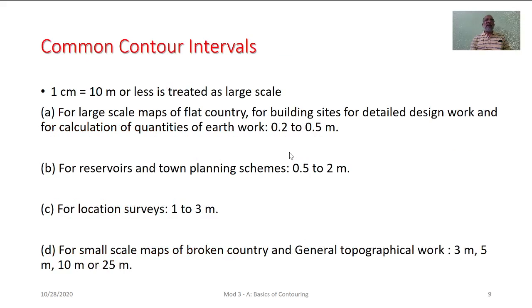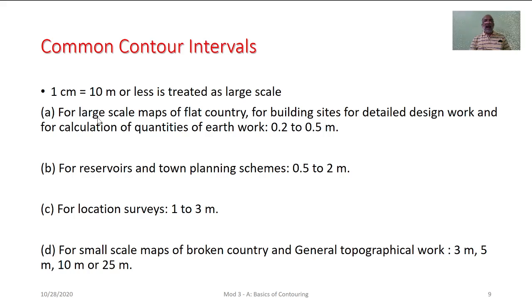Some common contour intervals are given just for your reference. Since the terms larger scales and smaller scales could be confusing, you could consider scales of 1 centimeter equal to 10 meter or less as greater scales, whereas scales like 1:1000 or so will be treated as smaller scales.